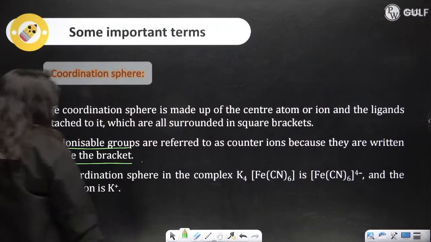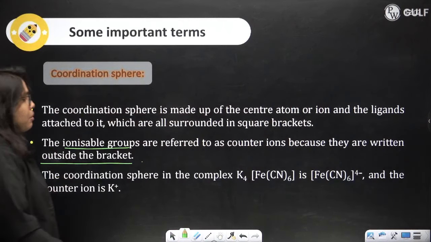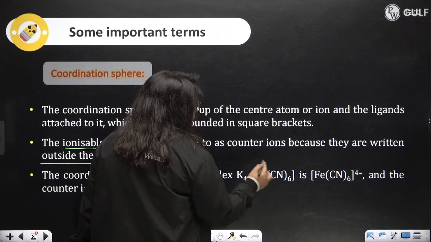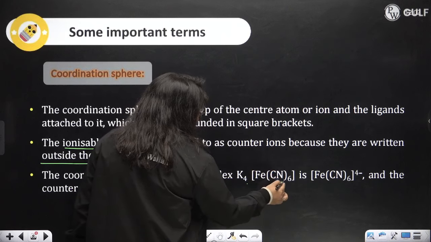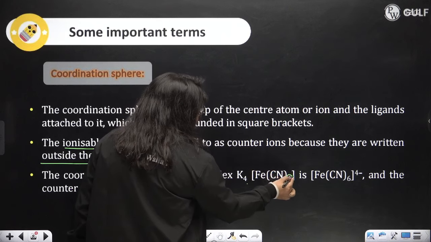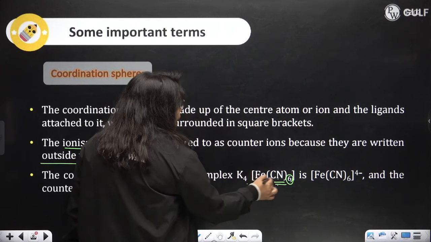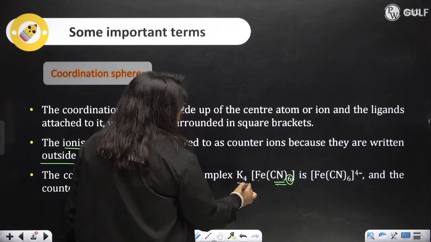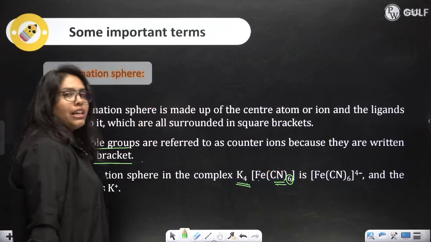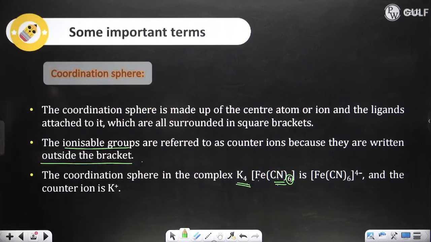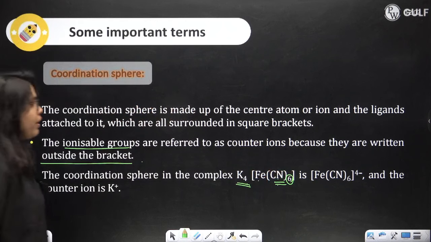So the coordination sphere in the complex, when you look at this particular complex, K4[Fe(CN)6], 6 is the coordination number, CN is the ligand, Fe is the metal atom, and the square bracket that you see is the coordination sphere. And this K4 over here is nothing but your counter ions, which are capable of undergoing ionization. How?